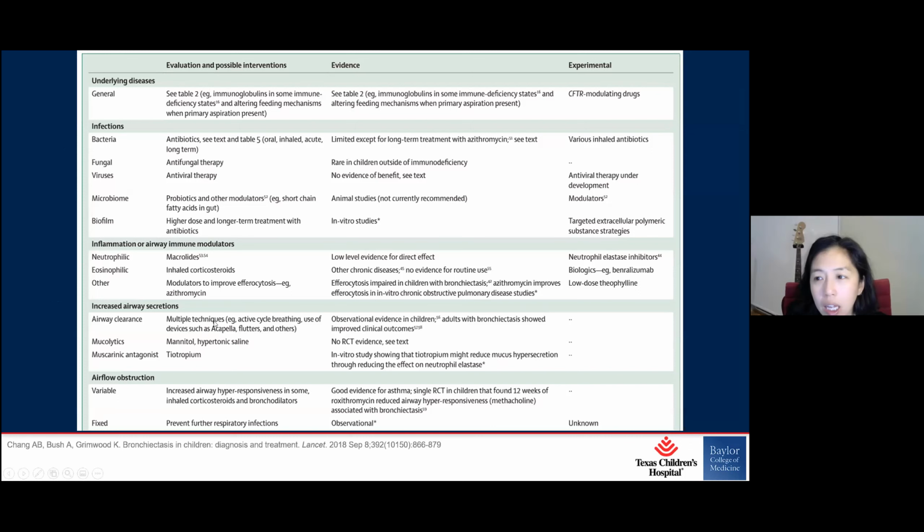And then this is a table looking at bronchiectasis and the ways in which we treat it. Again, this is generally done by our pulmonary colleagues. There are other drugs that are being looked at to treat long-term bronchitis beyond antibiotic use alone, but it seems to be a little bit controversial.